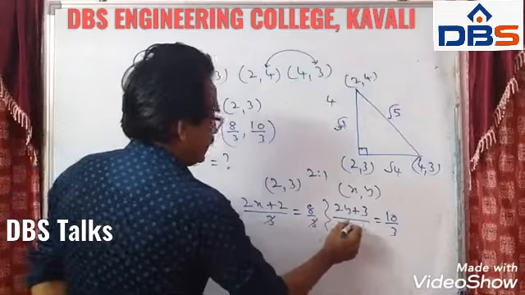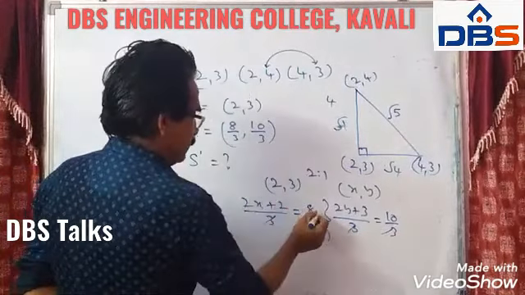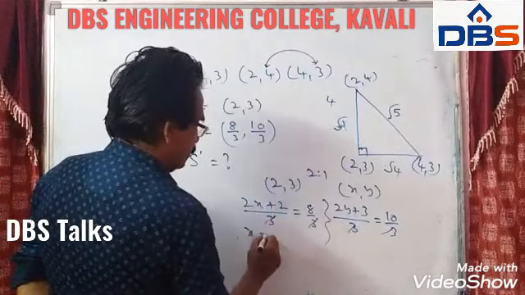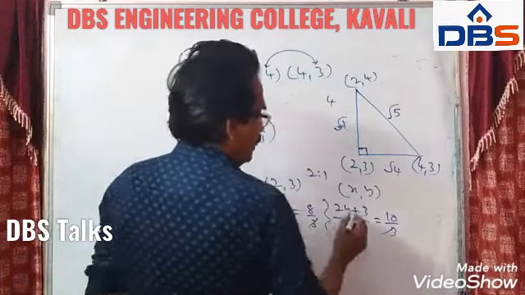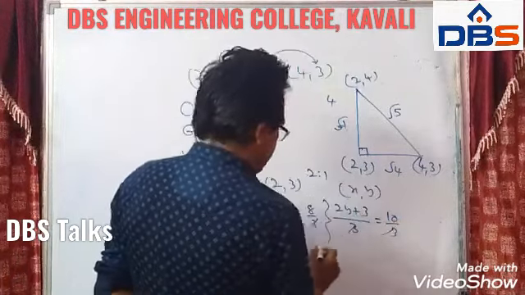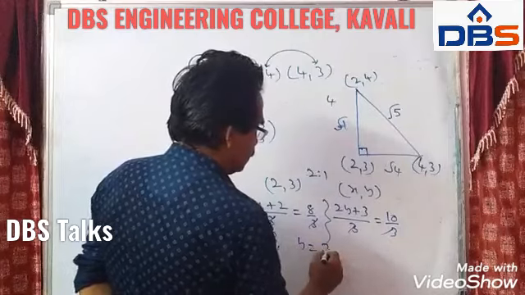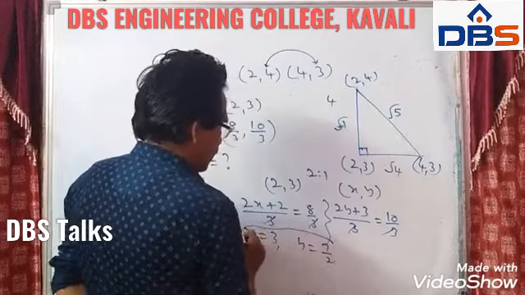So 3 gets cancelled. 2x is equal to 6, x is equal to 3, and 2y is equal to 7, y is equal to 7 by 2.